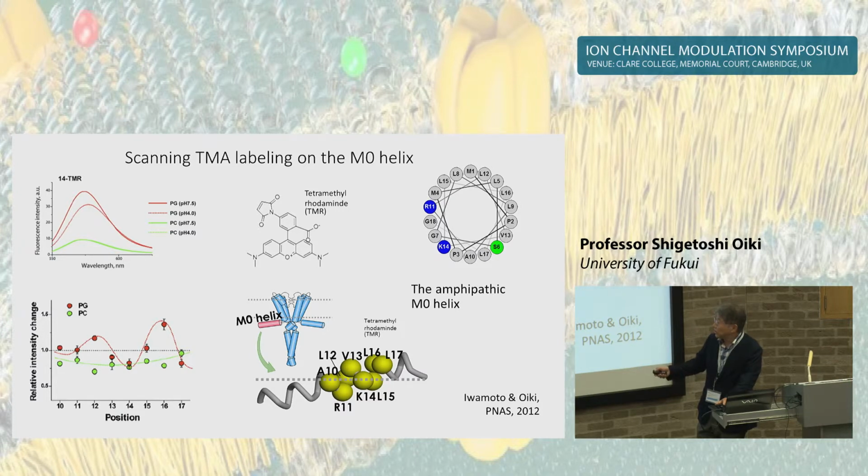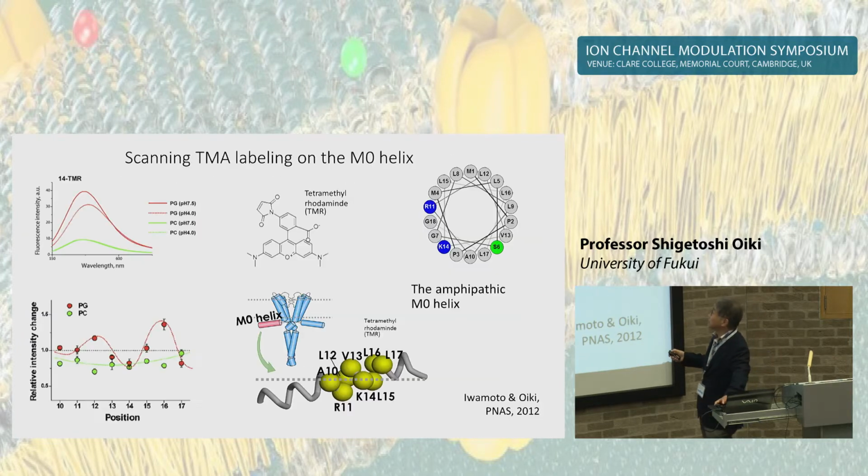And this is a periodic pattern. It is 3.6 per turn. So it means that this part forms an alpha helix. And as the helical wheel shows, this is a typical amphipathic helix. And in this part, there are two positively charged residues.